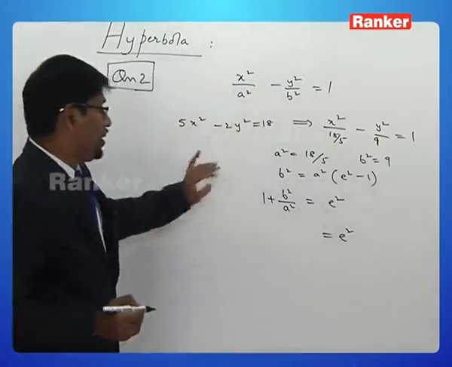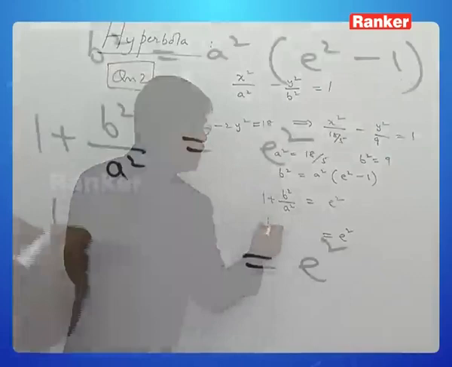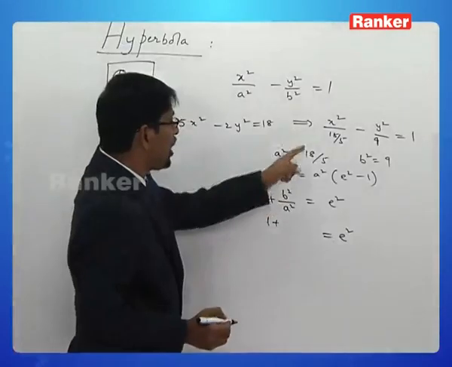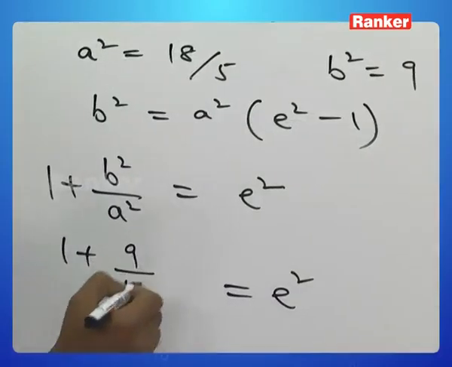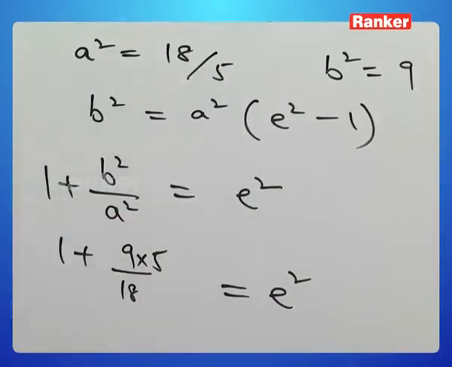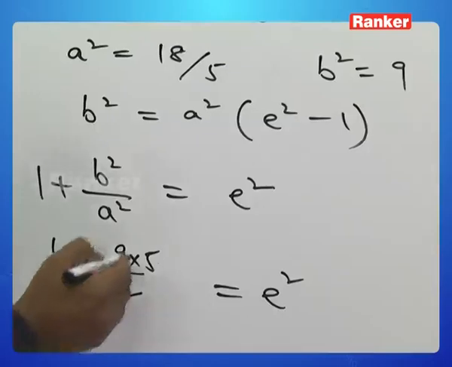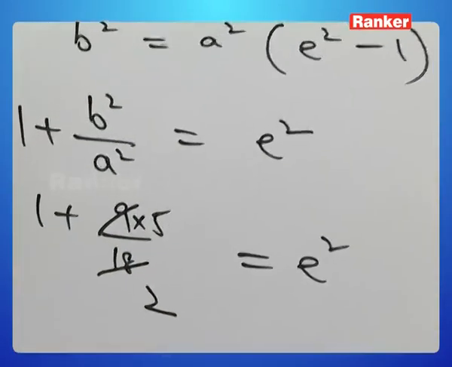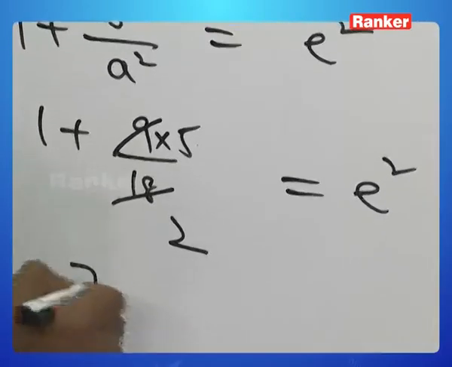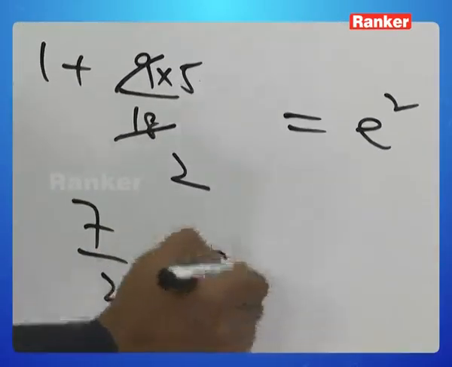For this option, let's find out. 1 plus b square by a square, what is that? 9 by 18 by 5. So that makes it 9 into 5 by 18. So that is 5 by 2. 1 plus 5 by 2. That is 7 by 2. E square is 7 by 2.